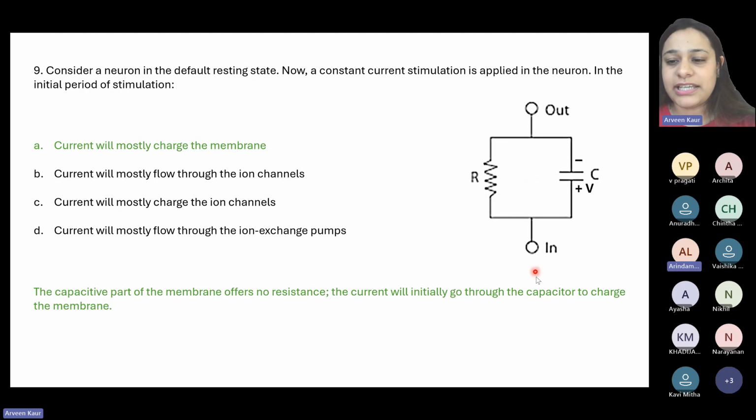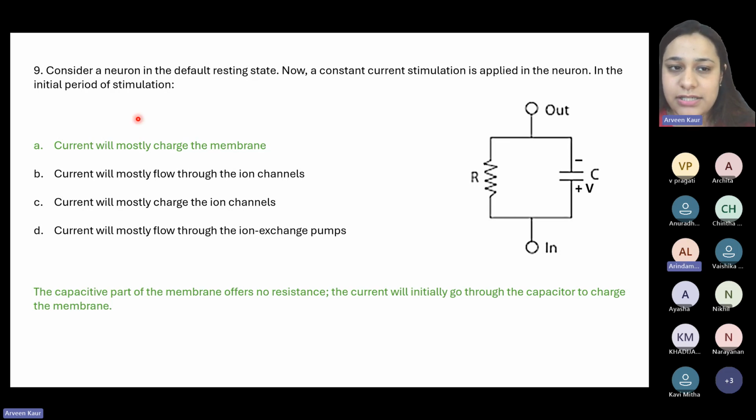So initially, if we stimulate from inside, there is some kind of stimulation from inside over here. Since both of these potentials or voltages will be zero, all the current will flow through the capacitance, right? None will flow through the resistance and all of it will flow through the capacitance. A capacitor has the capability to accumulate charge, so it will not let the current flow through, but it will accumulate the charge.